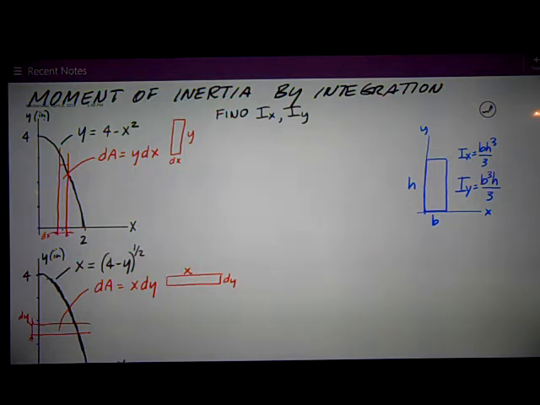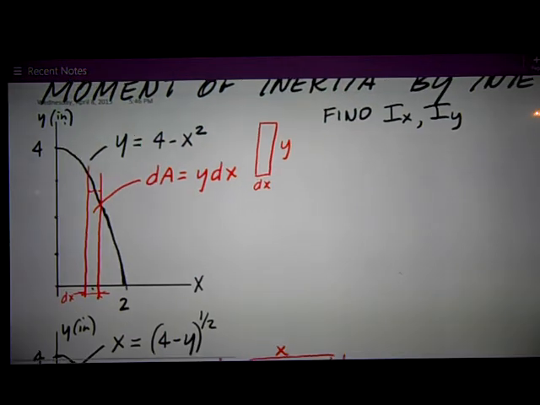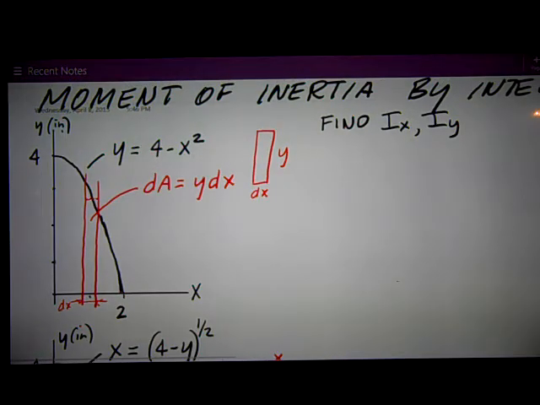We do a moment of inertia by integration problem, do it two ways, and demonstrate this sort of trick thing of how you do one of the integrals. So we've got a curve here, as shown. It has a boundary on the left side of the y-axis and on the bottom of the x-axis.